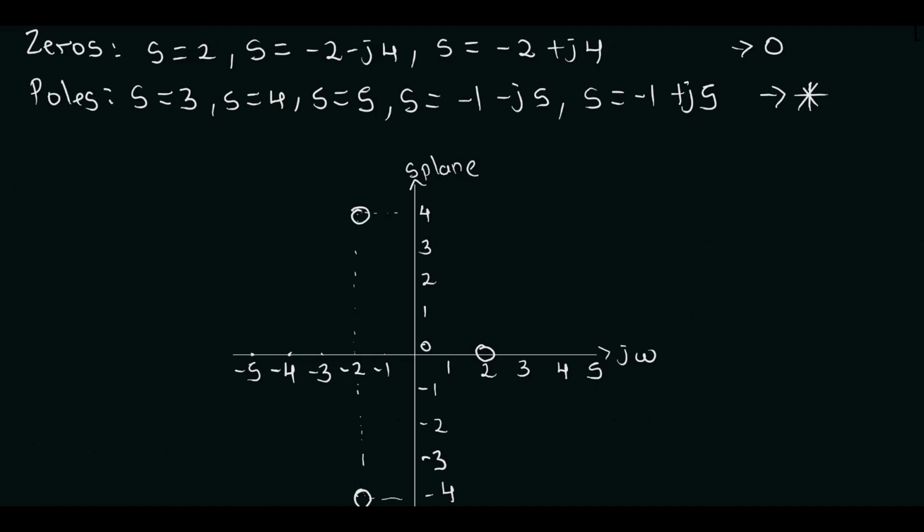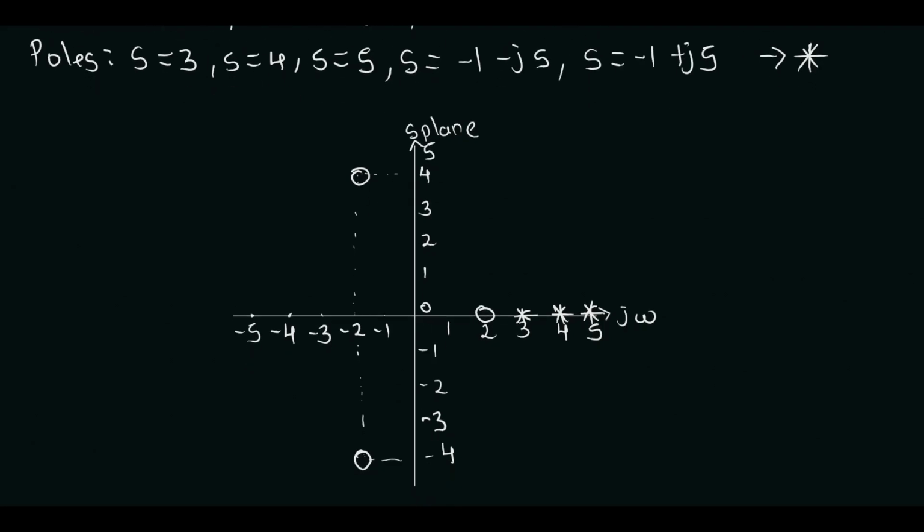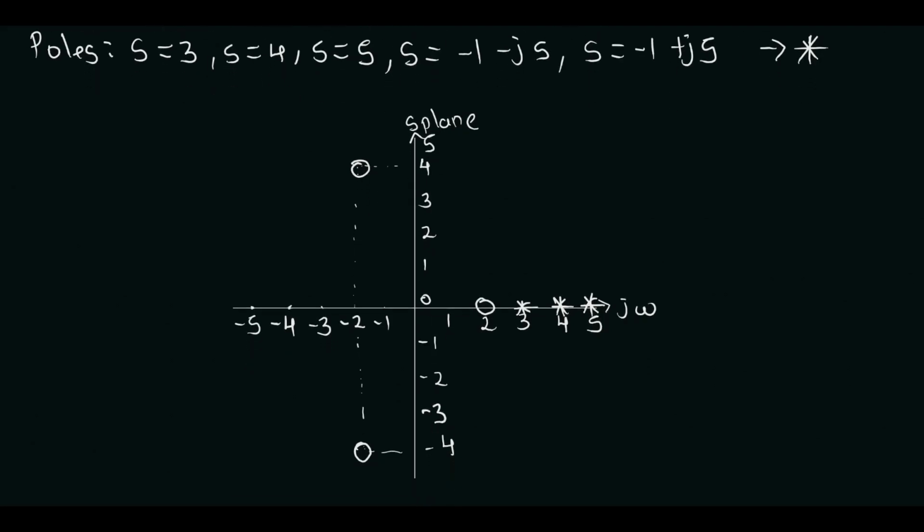Then for your poles, that's all for the zeros. For your poles, you have s equals 3, s equals 4, s equals 5. Then we have s equals minus 1 minus j5. I forgot to add j5. Minus 5, so we'll trace it here.